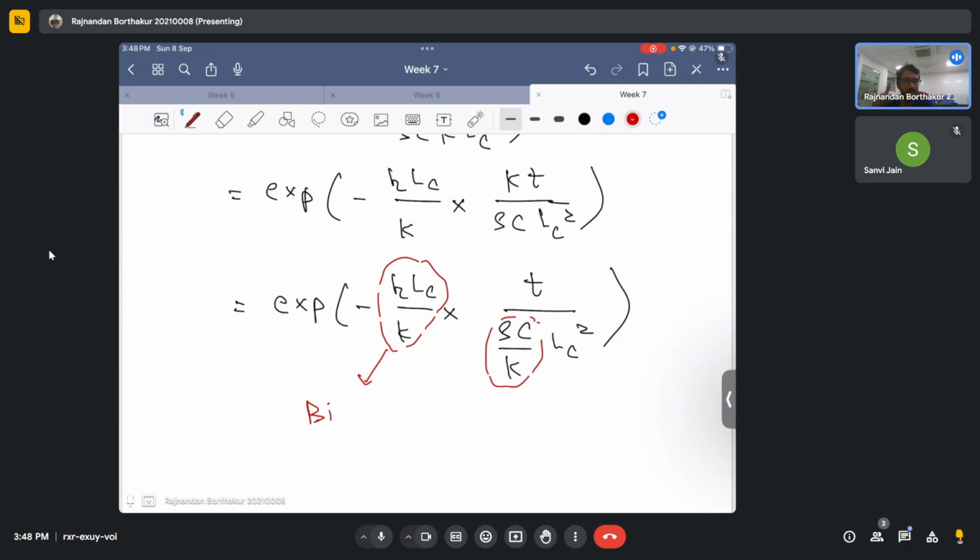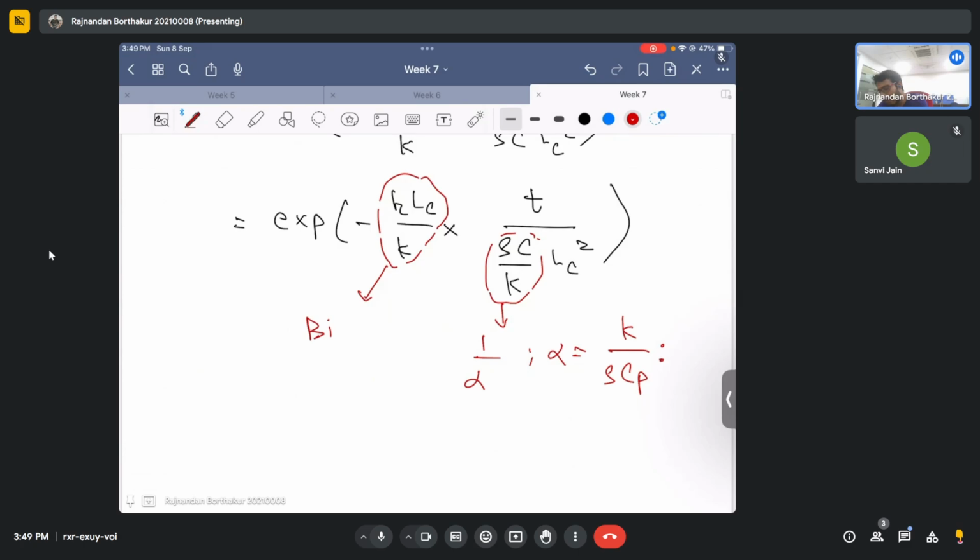Density times the specific heat divided by the thermal conductivity. Yes, this is exactly equal to 1 by alpha. What is alpha? Alpha is known as the thermal diffusivity, right? So you have rightly pointed out this ratio is 1 by alpha, where alpha is nothing but k by rho Cp, and this alpha is known as thermal diffusivity.